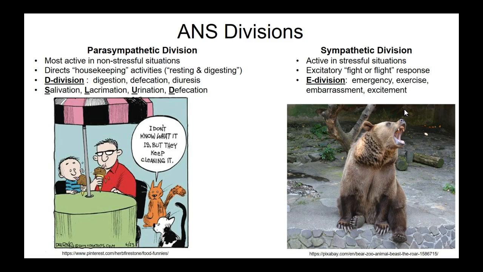So with the parasympathetic, when you're resting and digesting, when you guys are relaxing, is your heart rate elevated or decreased? Decreased, right? If you're out hiking and you see a bear, what happens to the heart rate? Goes up, right? So we'll see this a lot where one division of the autonomic nervous system is going in one direction, and the other division is causing that tissue or organ to go in the opposite direction.